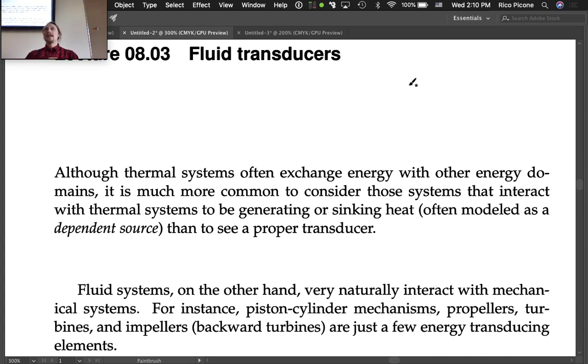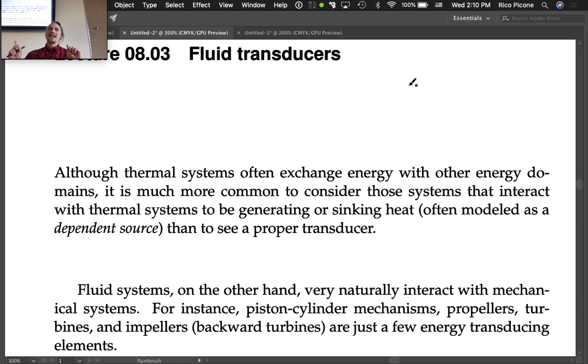We do also occasionally run into a thermal system that has an exchange with another energy domain, and that is probably the most fun case that I can think of. I'm sure there are other cool ones, but the most fun case that I've ever done is a thermoelectric cooler. Are you guys familiar with this? With thermoelectric materials, if you run current in one direction, it creates a temperature gradient in that direction.